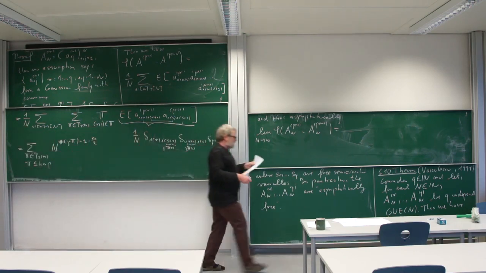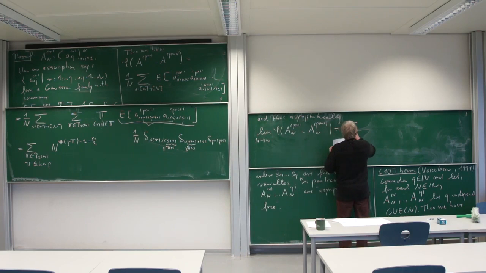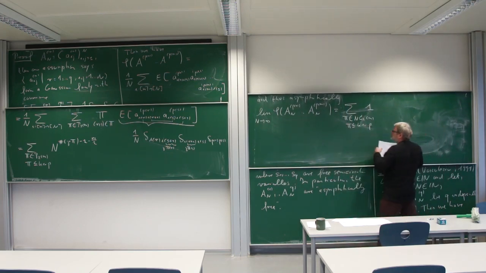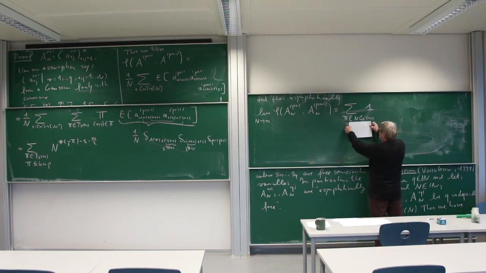So what I get is that I'm summing only over ones. I'm summing over non-crossing partitions, but of course I still have this condition that pi has to be less than the kernel of p.